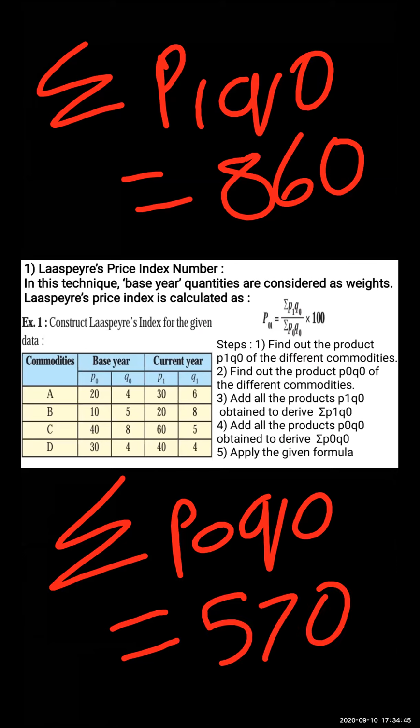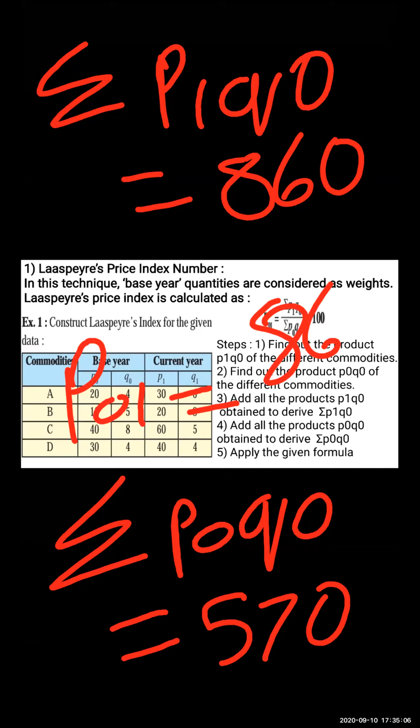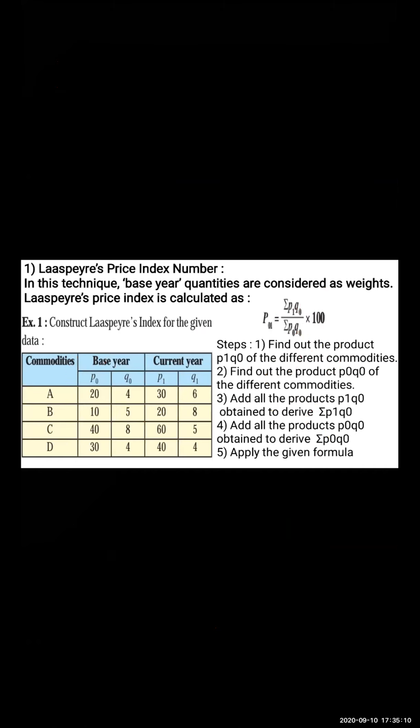Now what we need to do? We need to write this in formula. You have written the formula? Yes. After the formula, write down PO1 is equal to, write down the variable of sigma P1QO. What is the sigma P1QO? It is 860 divided by 570 into 100.